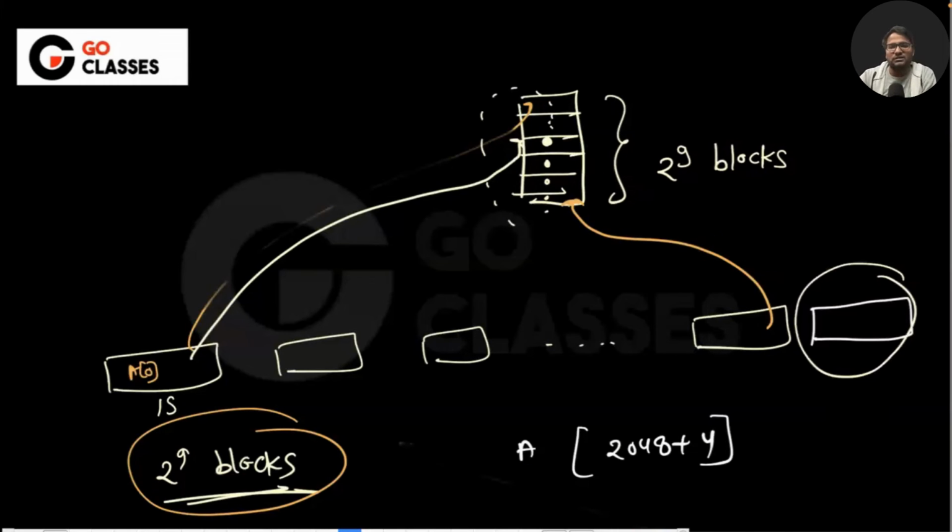A0 will still get clashed. Understanding my point? Even though the initial block number doesn't matter, whether it is 15 or 20 or anything, you will start filling like this, and these are 2 power 9 blocks, but you have one more block. Since you have one more block, it will again clash with A0 only, not anything else, right?